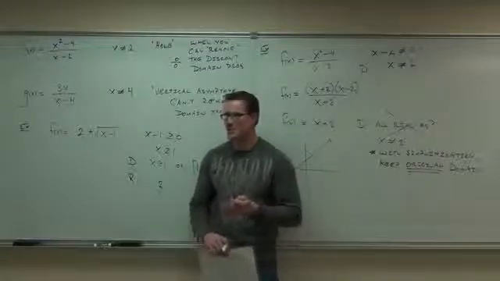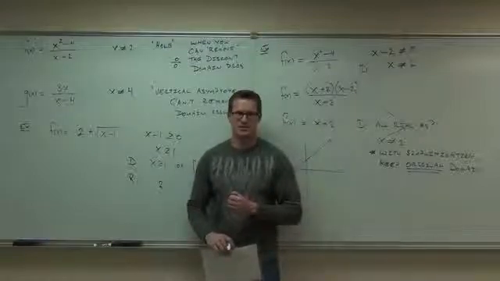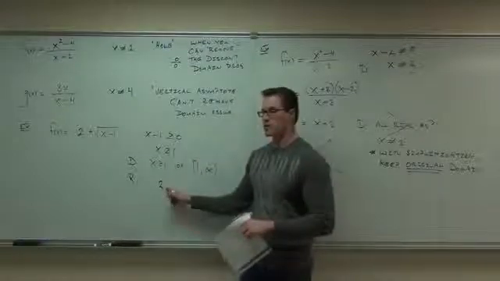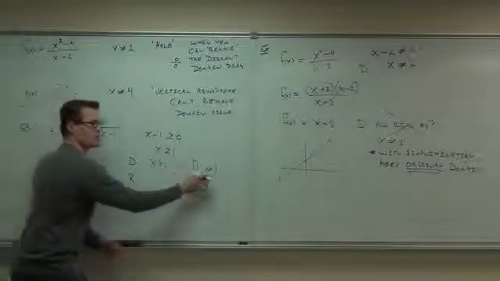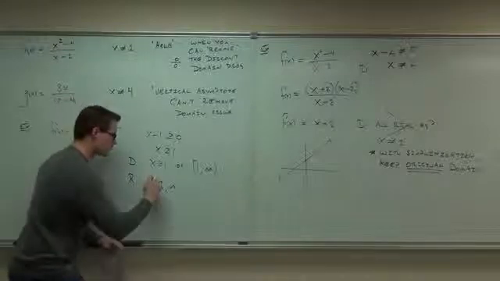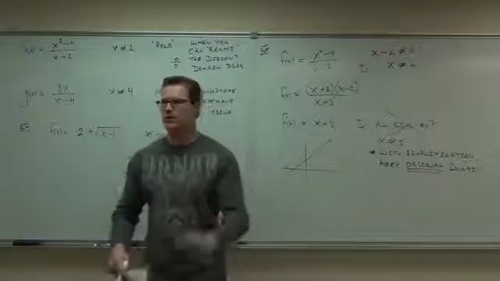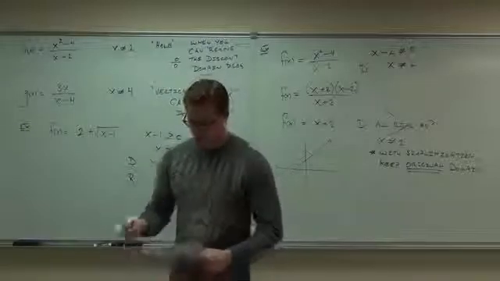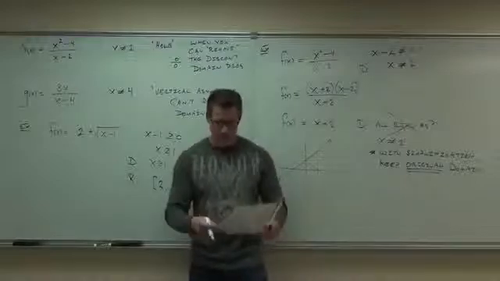Pick 5, okay? What's 5 going to give you? Ah, there you go. Are we getting bigger or smaller than this? So as I plug in bigger and bigger numbers towards infinity, this is getting bigger and bigger towards infinity. So my range goes from 2 to infinity. So how do you find range? Well, you plug in your domain. With limits, we're going to find out how to do range a little bit differently. But for right now, you plug in your domain.